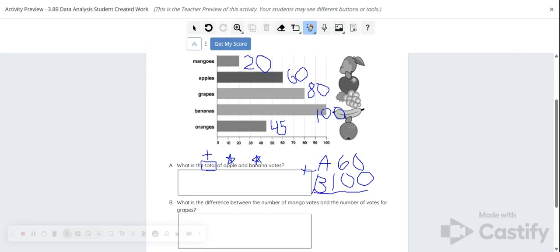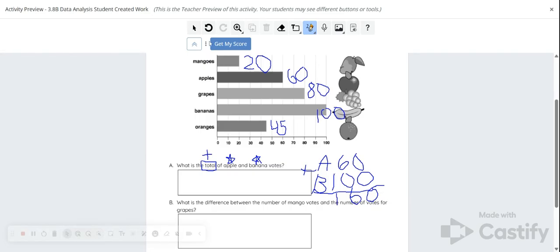And this is a problem you could probably do in your head, but please go ahead and show the equation you used to solve on your paper so I know what you were thinking when you were solving this problem, and I know how to better help you if you make a mistake. All right, in my tens place, 6 plus 0 is 6, and no hundreds in this one. It's okay if you put the greater number on top. I probably should have done that as well.